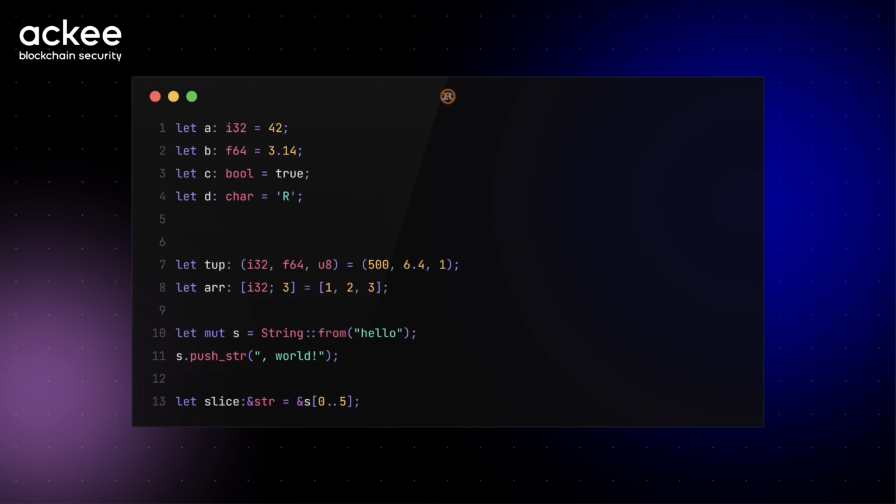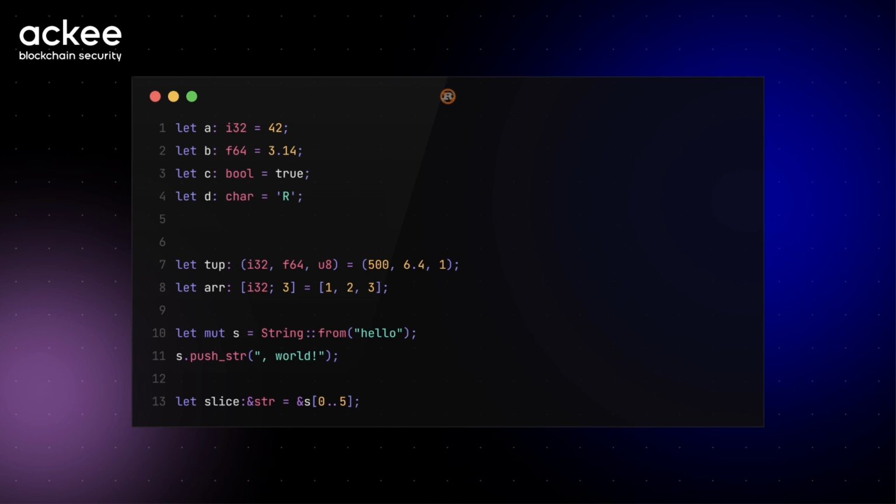And we also define the string as mutable. So that means on the next line, we can actually call a function s.push_str, which will push the defined part into the string. Then on the last line, you can see we have specified the slice, but the type is slightly different.